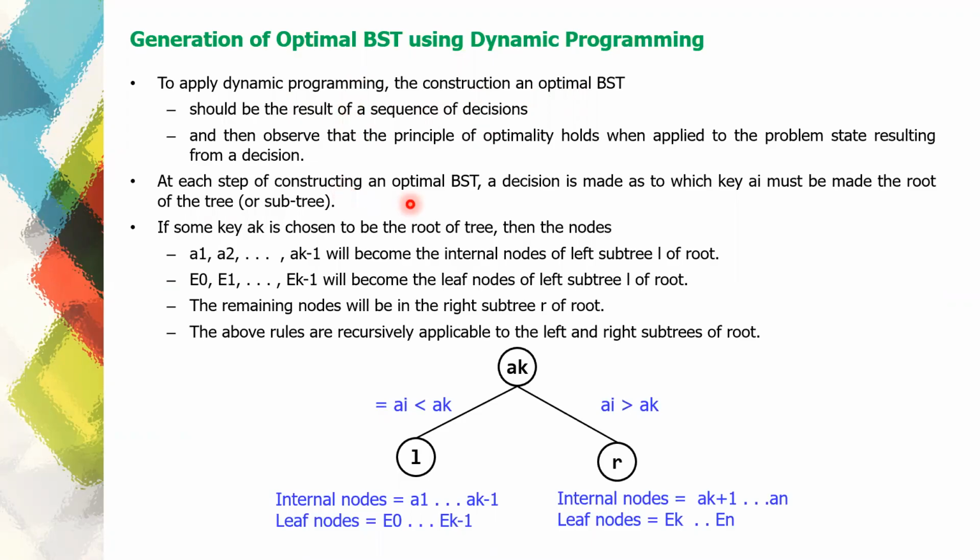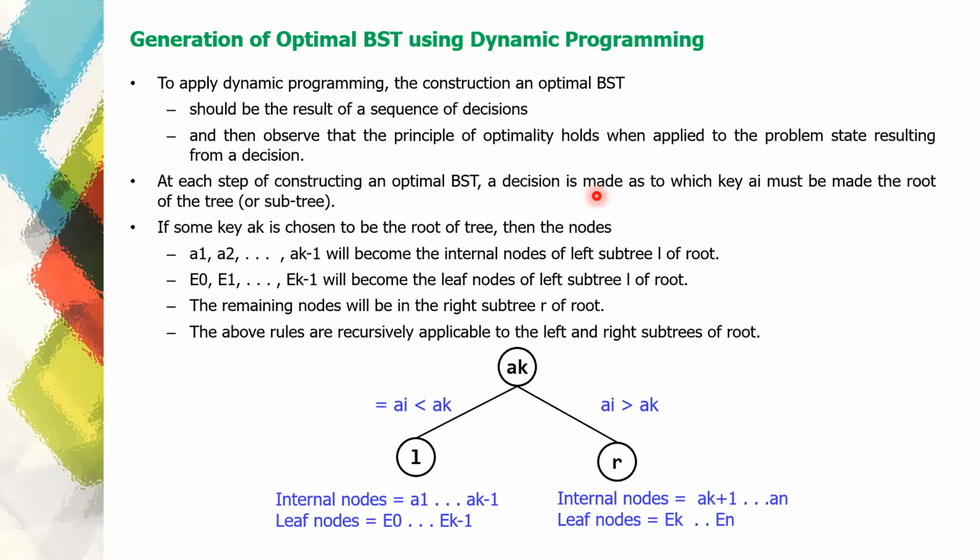Now, in particular to constructing an optimal BST, we are going to make a sequence of decisions. That means we are going to solve the problem in a number of steps. One decision will be taken in each step. So at each step of constructing an optimal BST, a decision is made.